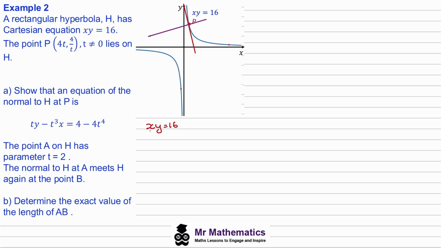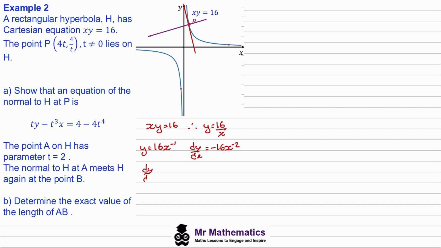So if we move the x to the right hand side, then we'll say that y will equal 16 over x. And to differentiate this, I'll move the division of x to the top, so it becomes 16x to the negative 1. And when we find dy by dx, we'll bring this power down, and then we'll take away 1 from the power.